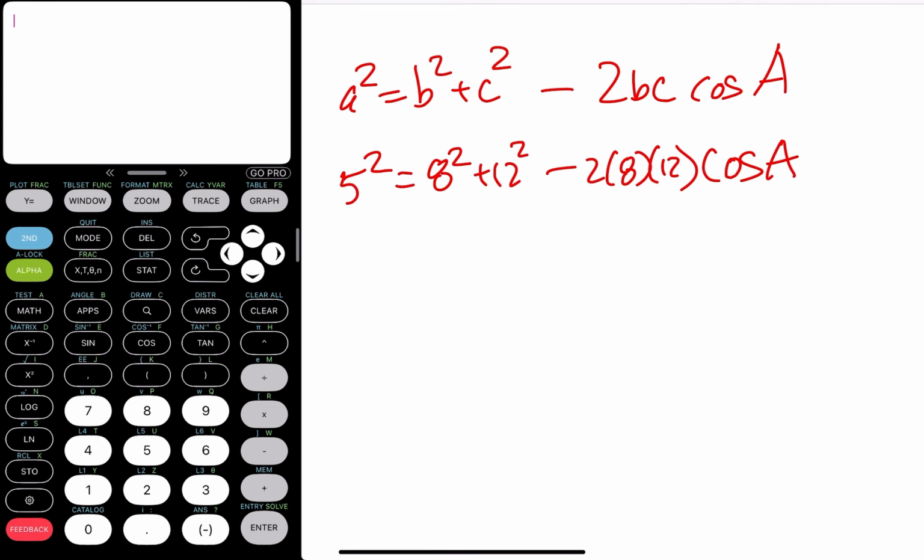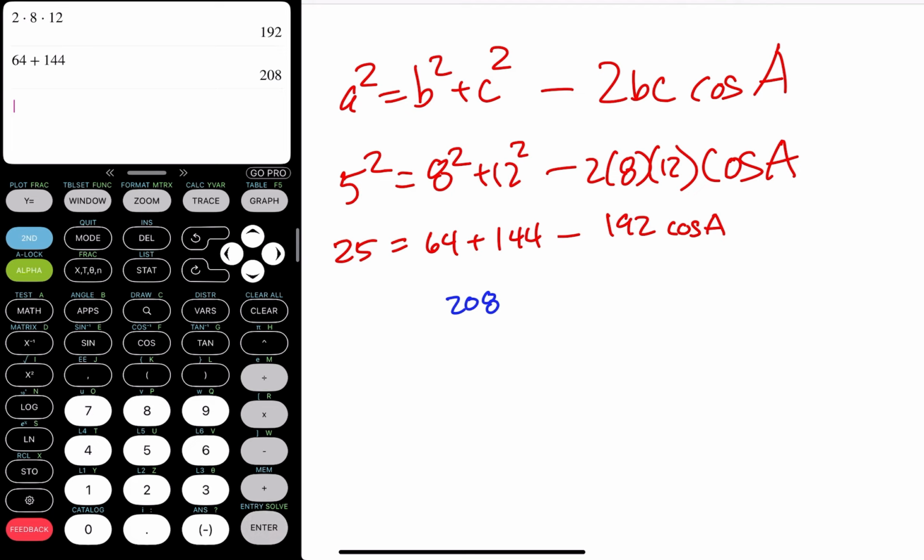So 25 is equal to 64 plus 144 minus 2 times 8 times 12, which in a hurry is 192. So these two added together are going to be 208, just to double check. So 208 minus 192 cosine A is equal to 25.